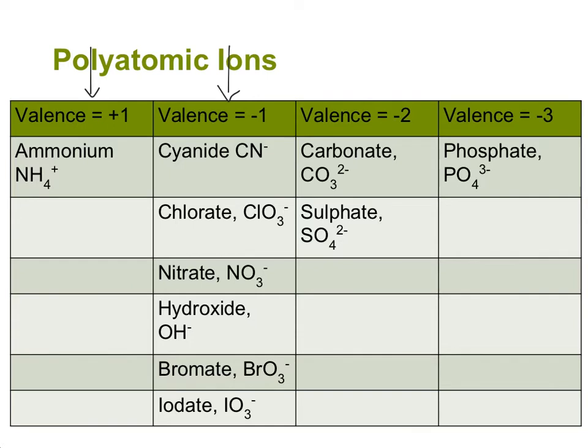Polyatomic ions with a -1 valence are cyanide, chlorate, nitrate, hydroxide, bromate, and iodate. With a -2 valence are carbonate and sulfate, and finally with a -3 valence is just phosphate. So you do need to memorize these.